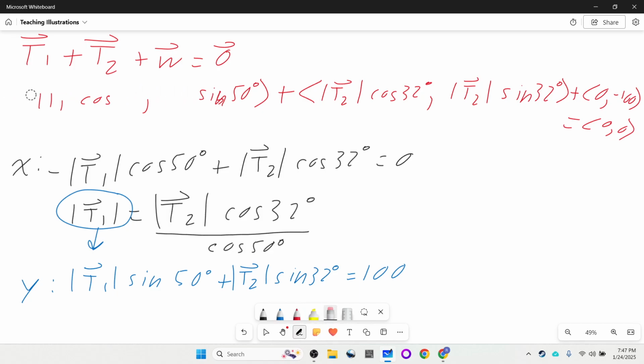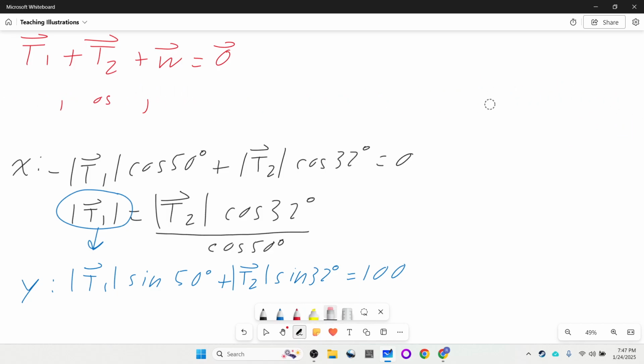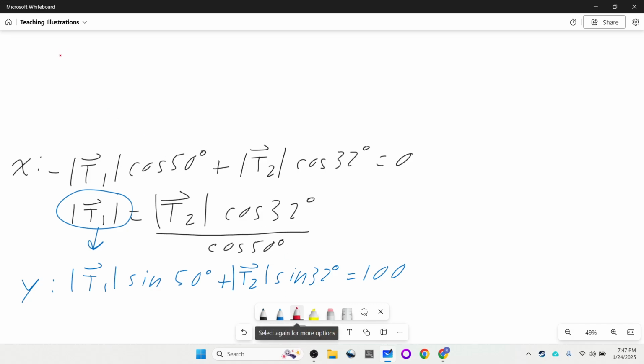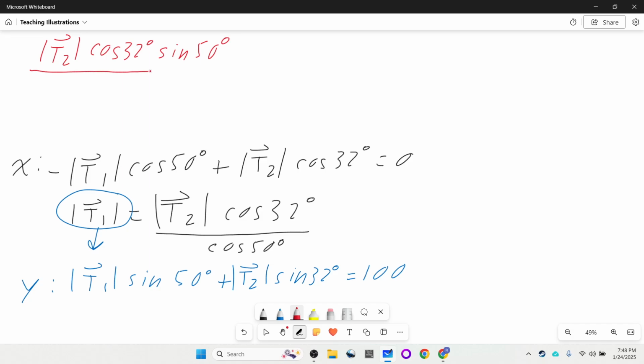So I'm going to erase this red line. If I plug that in, I would get, let's see, how do we do this? All right, so I would get t2 cosine 32 degrees sine 50 degrees over cosine 50 degrees.